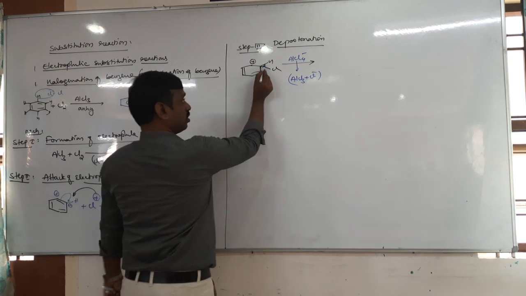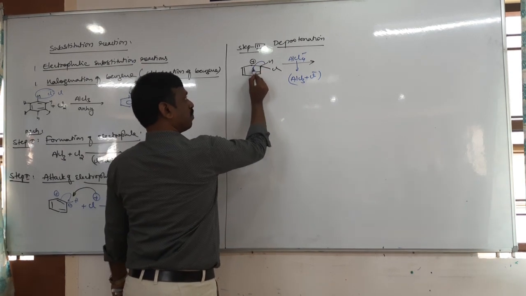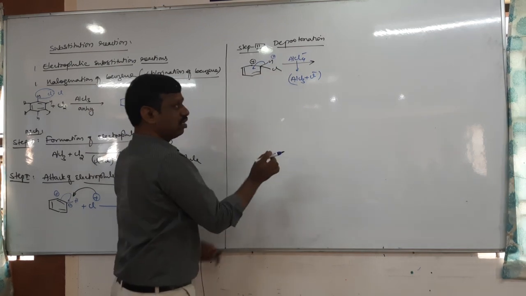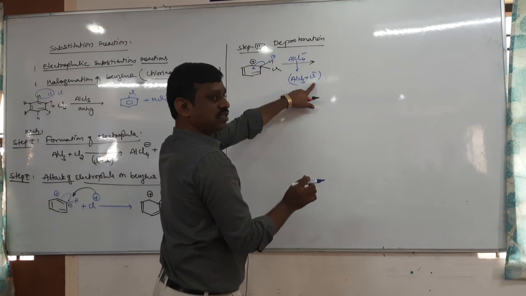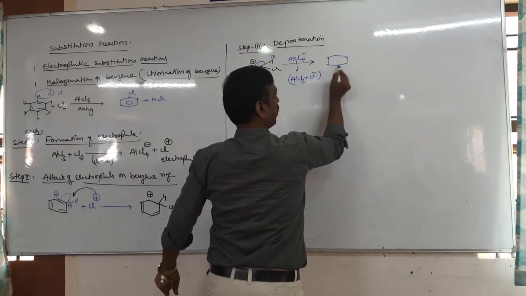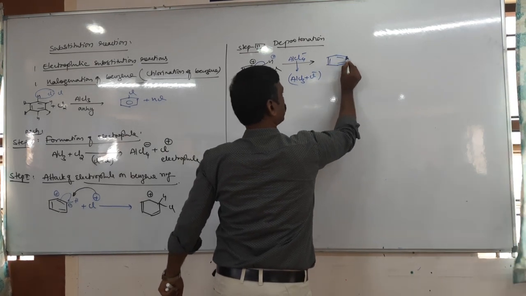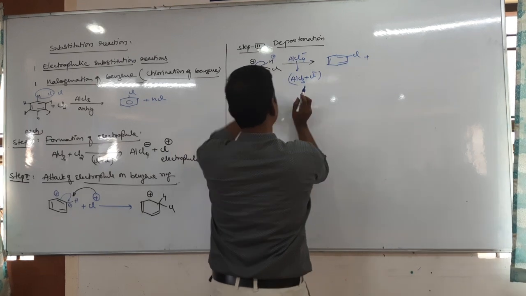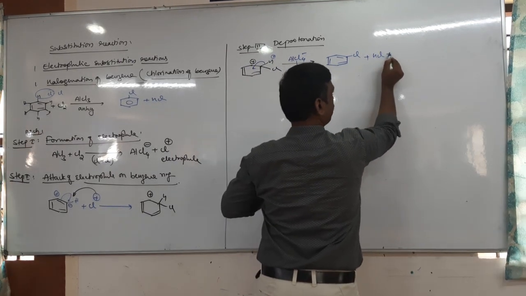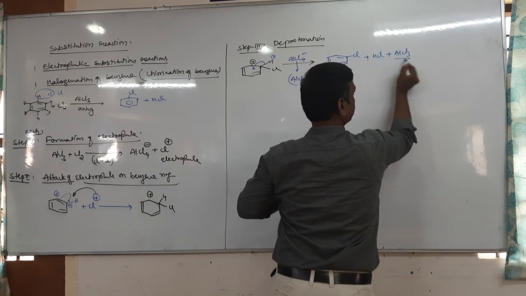Now tell me, this sigma bond shifted as a pi bond, then what comes out? H plus. This H plus plus Cl minus gives HCl, and you will get the benzene ring attached to chlorine. Now H plus plus Cl minus gives HCl, and AlCl3 is regenerated.